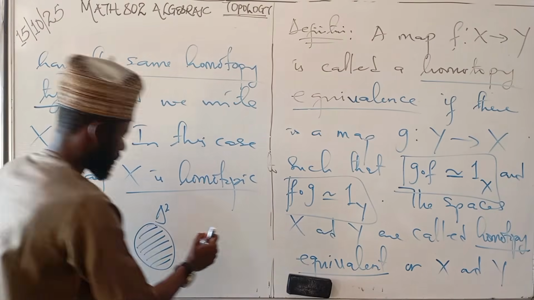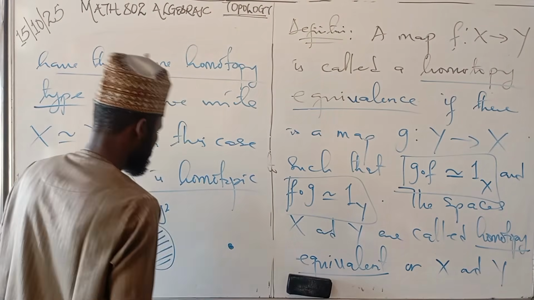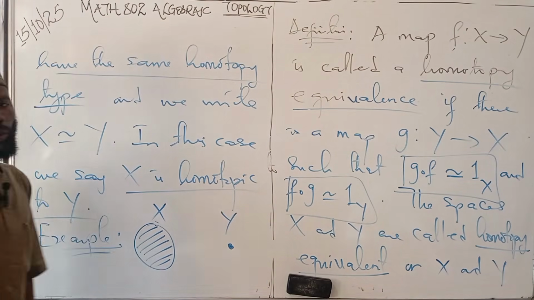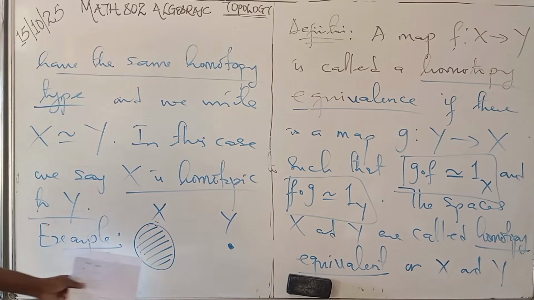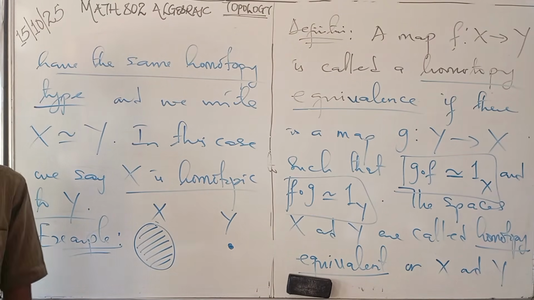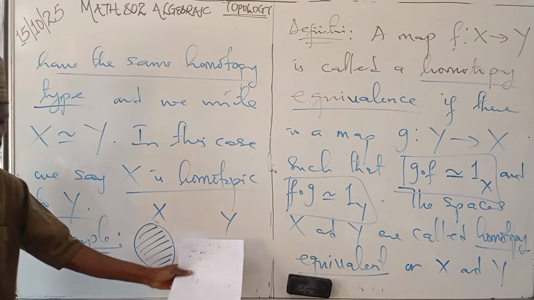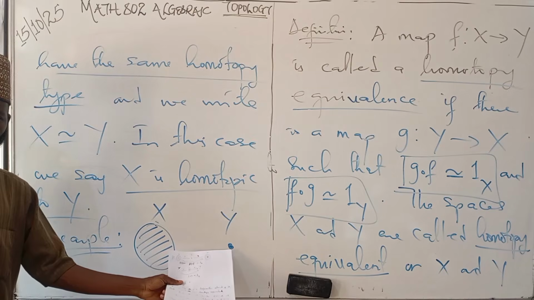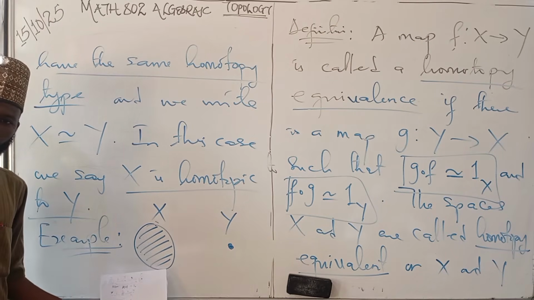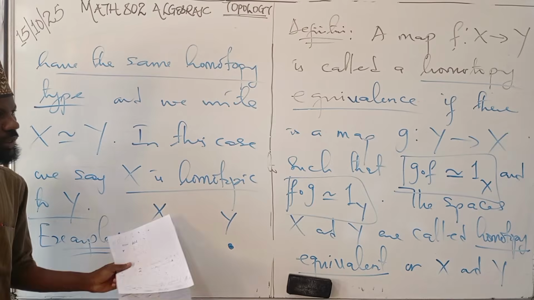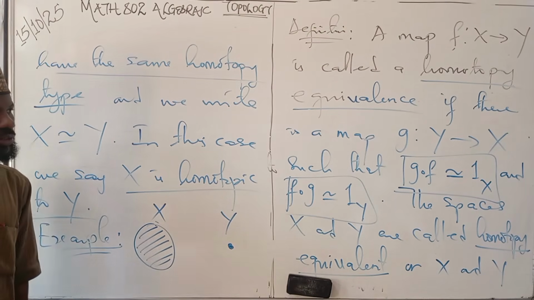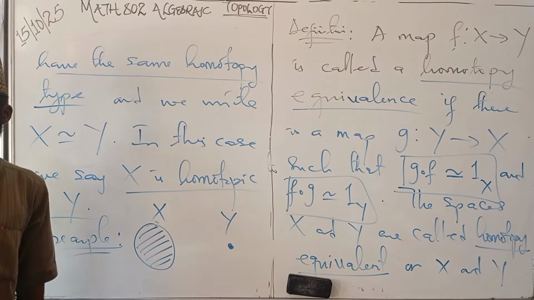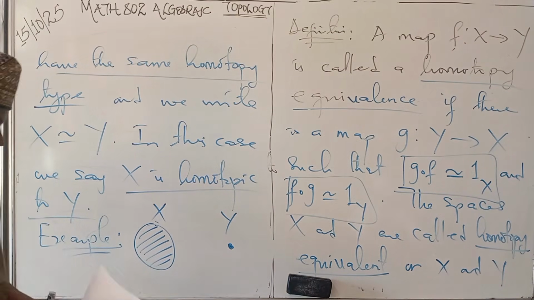And then you can take a point. So this can be your X, and let this be our Y, the point. So how do you show that they are homotopy equivalent? We define a mapping F from X to Y, and also show that there is a map G from Y to X, such that F composed with G is homotopic to the identity, and the other composite is also homotopic to the identity. So how do you do it?